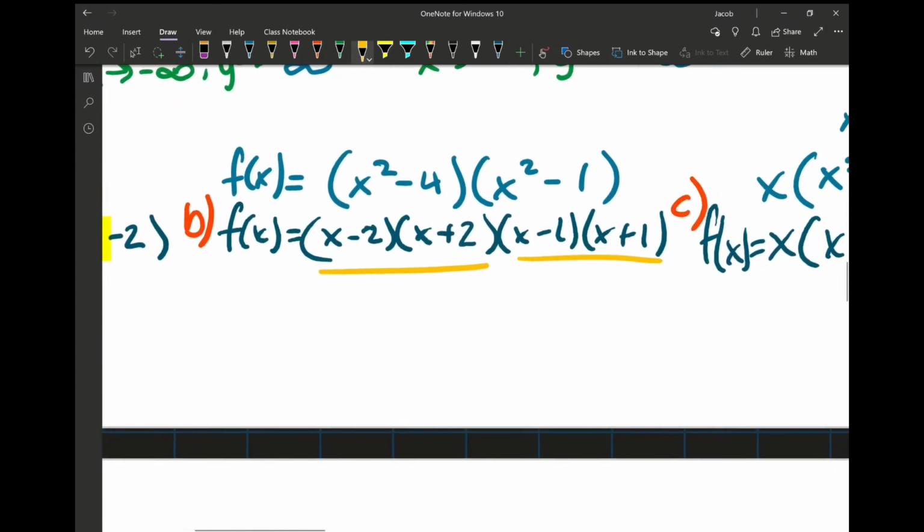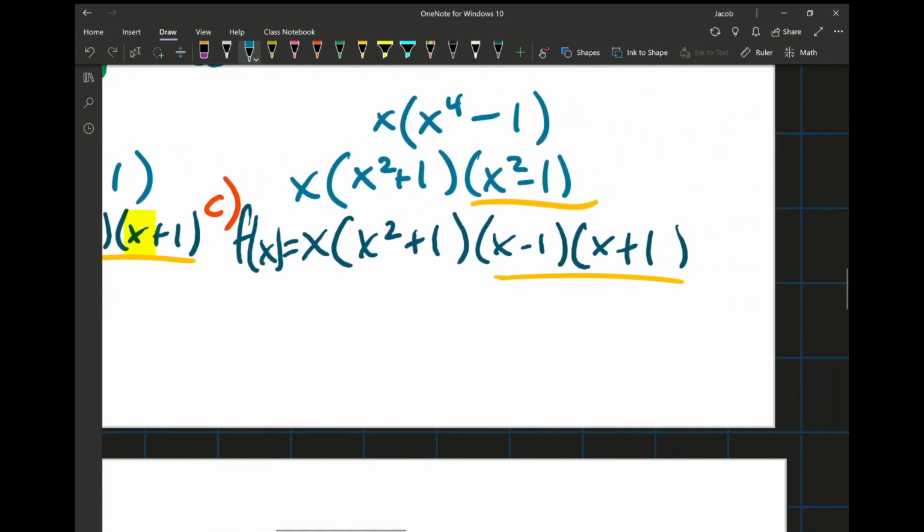So as long as we're able to pick out the variables that contribute to the leading degree, then we know the end behavior as well. So this is x to the fourth. And over here, we have a little bit more to multiply together. Oops. But nonetheless, we can find it.